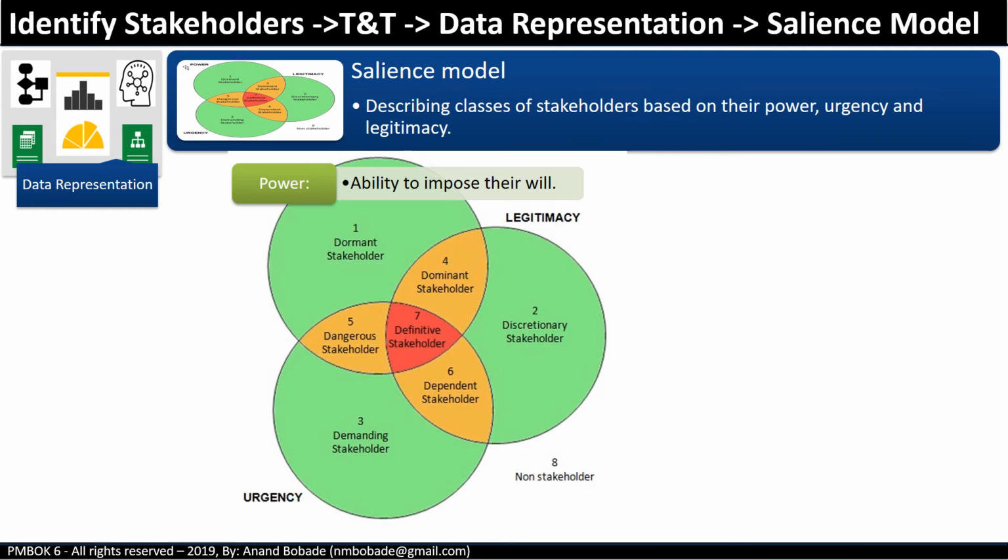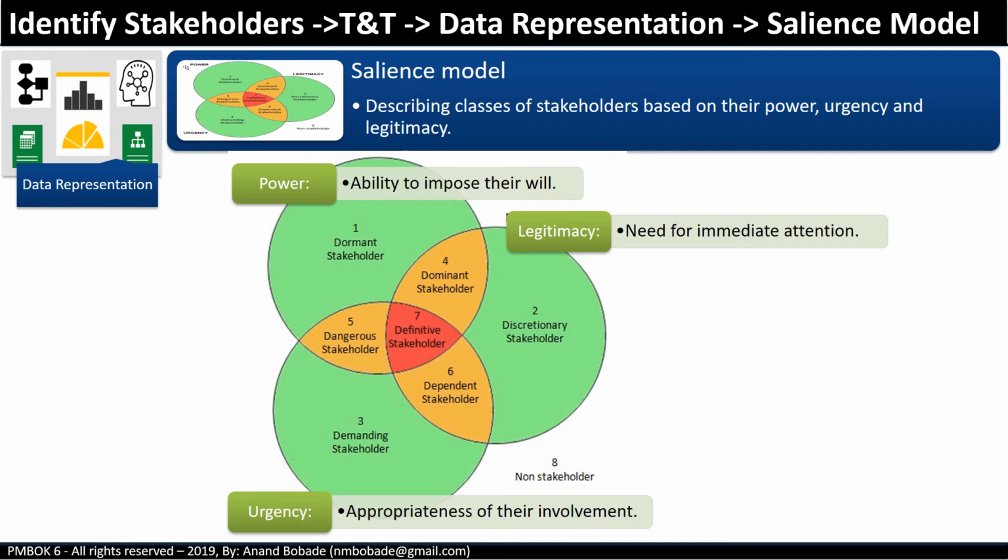Power is the ability of a stakeholder to impose their will. Urgency is the need for immediate attention or action. Legitimacy is to assess whether stakeholder involvement is appropriate or not.